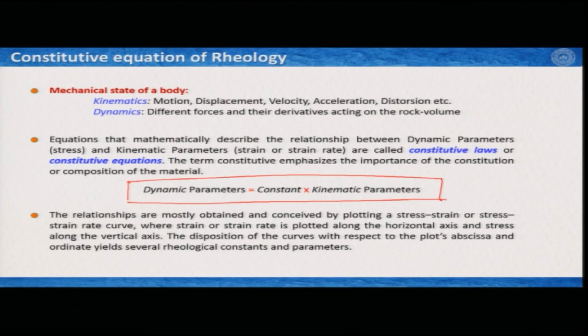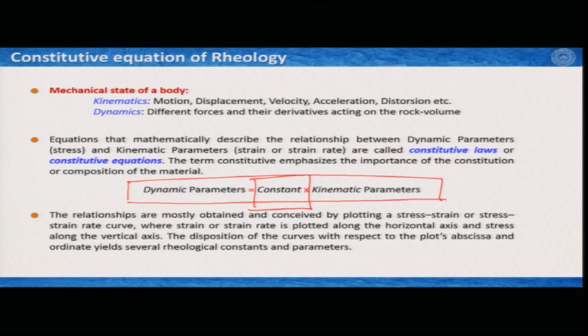Now, in earth sciences or in many other subjects including structural geology, the rheological relationships are mostly obtained, particularly the constant. Finding the constant is the challenge, and these are mostly obtained by deformation experiments at various conditions in the laboratory.